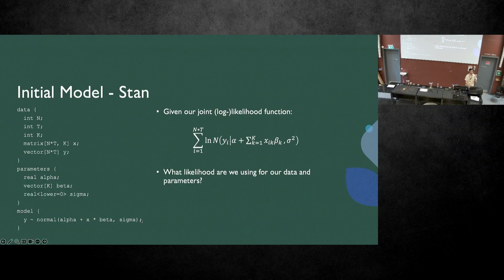Stan works with a mean and standard deviation, not mean and variance, so that's why this is sigma, not sigma squared. Something to keep aware of. Also, the distributions are automatically on the log scale, so we don't have to say this is log of this. That can make it a bit more convenient when you're specifying your models.